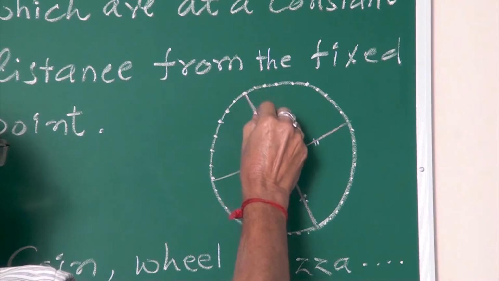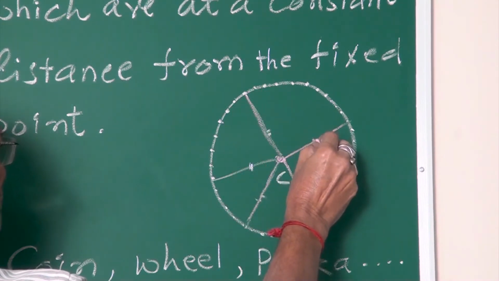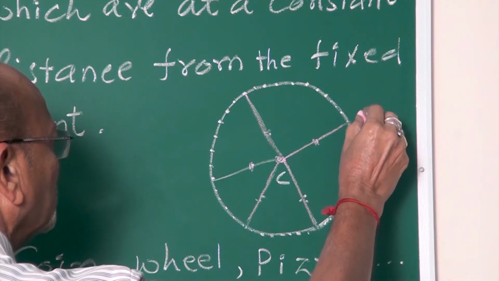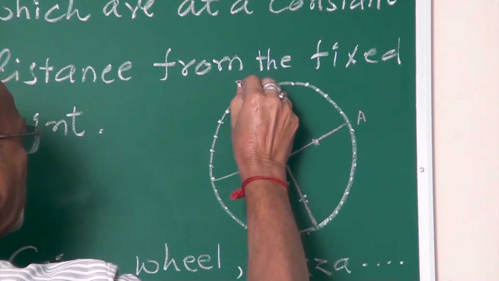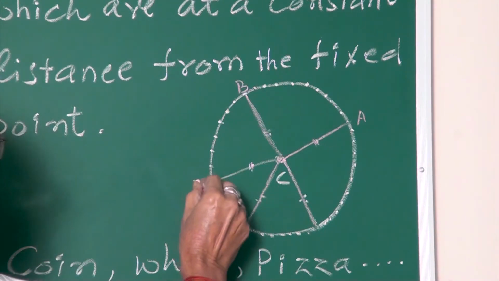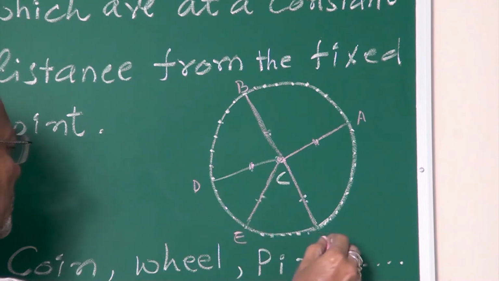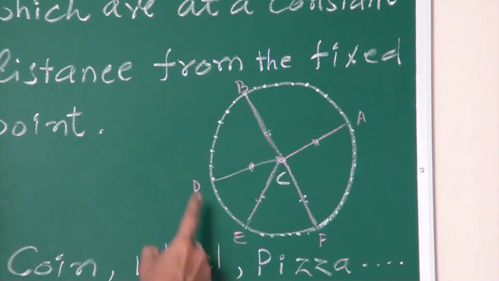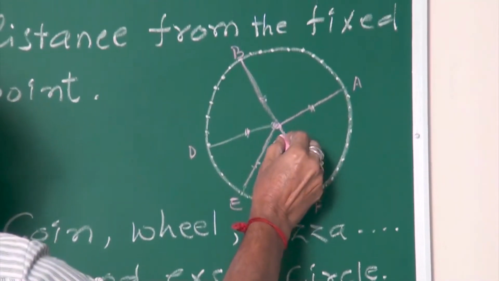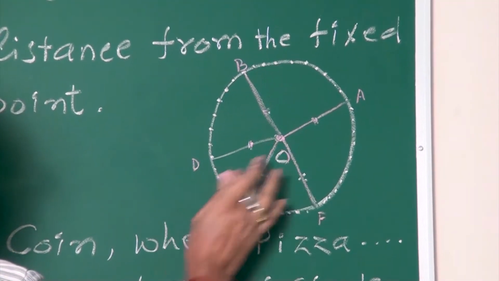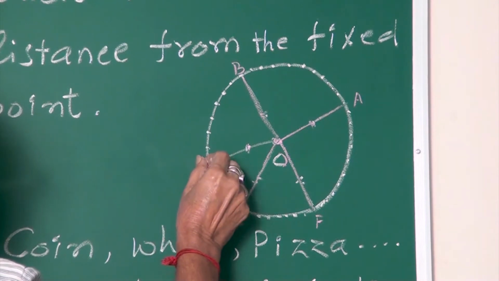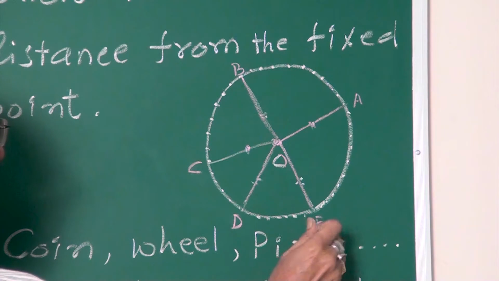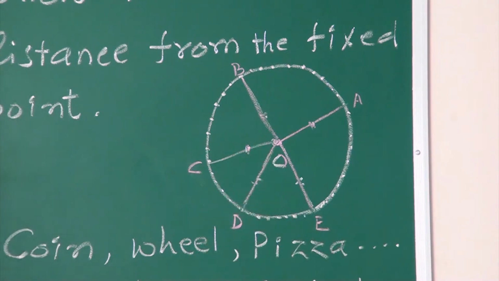All these distances are the same. If you denote the points as A, B, C, D, E, F, or if you take the fixed point as O, then OA equals OB equals OC equals OD equals OE. All these distances are the same.